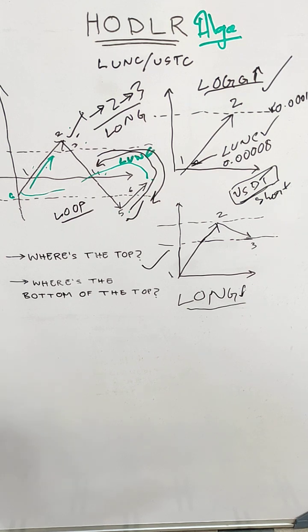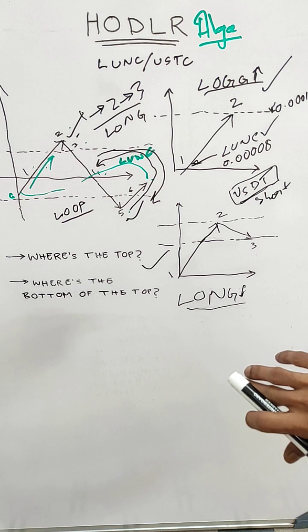The point is not to hold it continuously like Bitcoin. Bitcoin is something else, it's more like a store of value. If you hold it for the next 5 or 10 years, it'll probably increase, and that is the most likely thing to happen, because that is what has happened till now. But Lunk or some other coin is not like that.